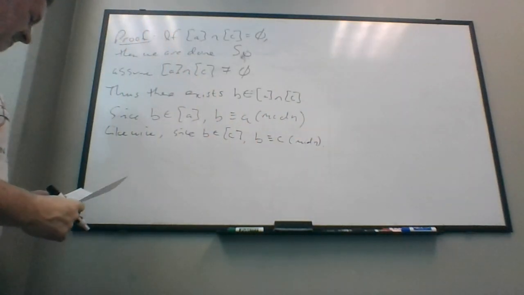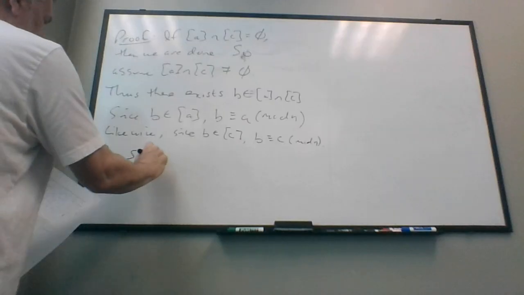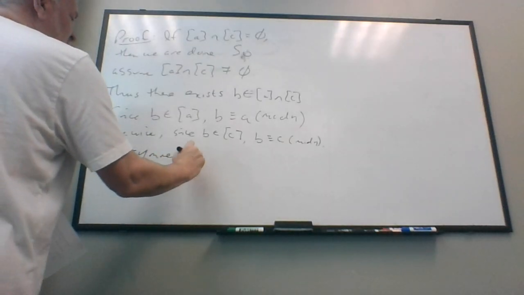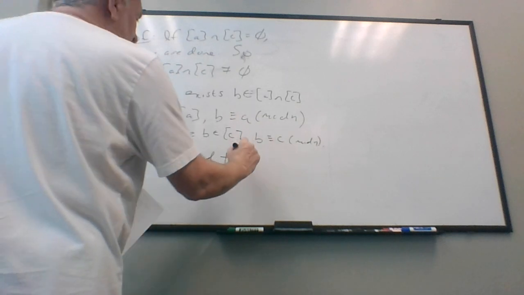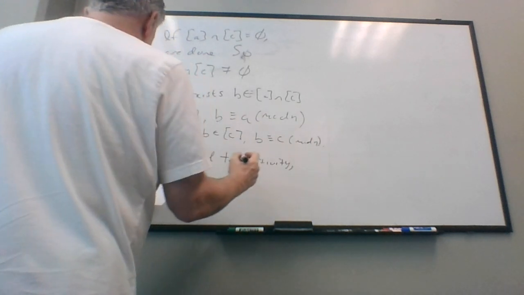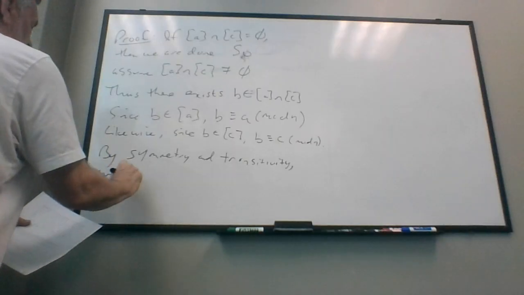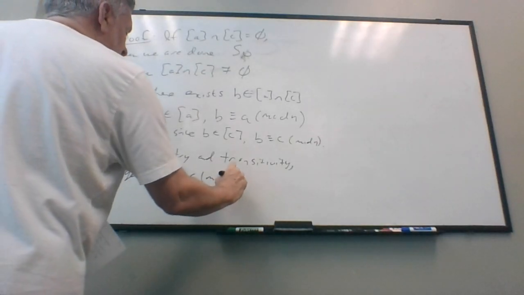Same reasoning. So by symmetry and transitivity, I'm using theorem 2.1, I just didn't write it, we get A is congruent to C mod n.